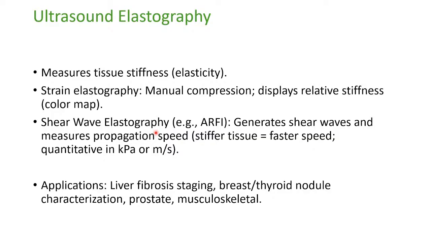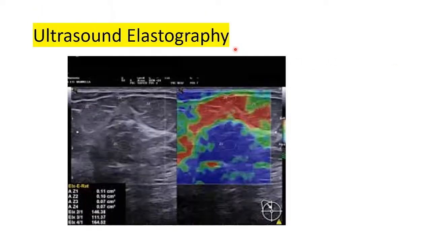So this is not a standard application that you are going to use on a day-to-day basis. So some departments do have elastography. So in due course, I'm going to also be lecturing you on ultrasound elastography. So applications of ultrasound elastography: liver fibrosis staging, breast and thyroid nodule characterization, prostate, and musculoskeletal applications.